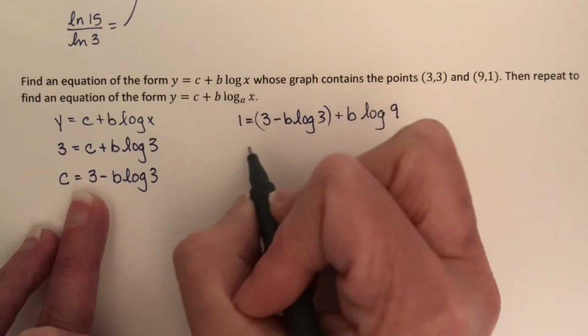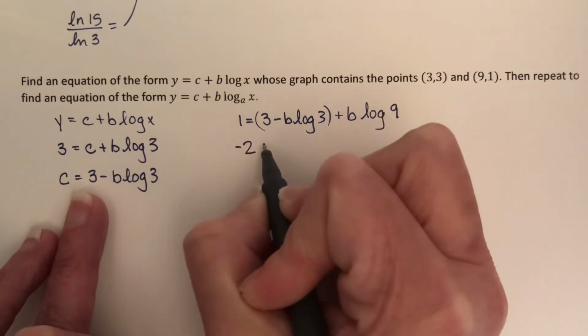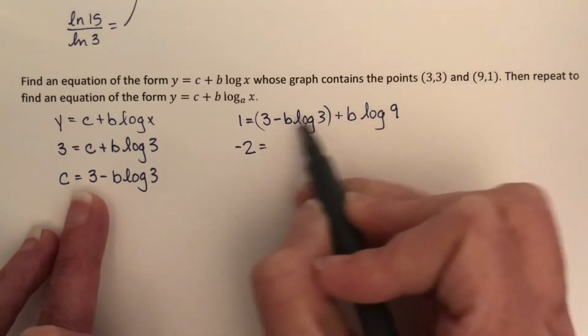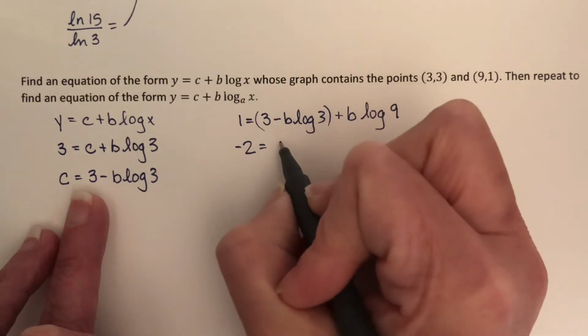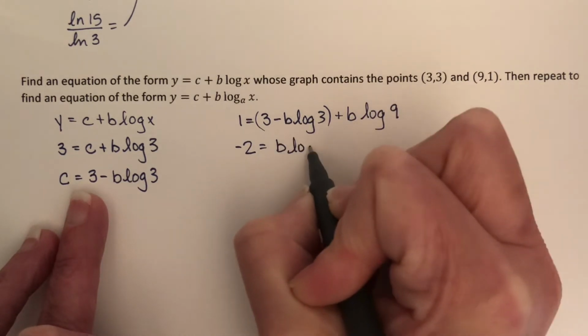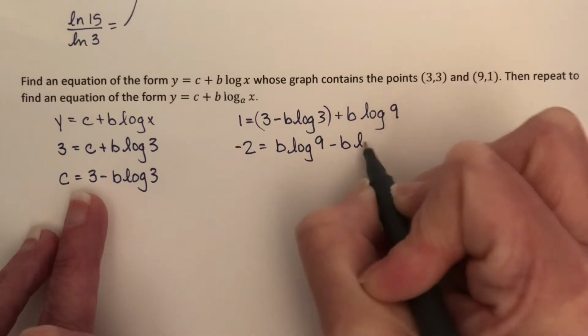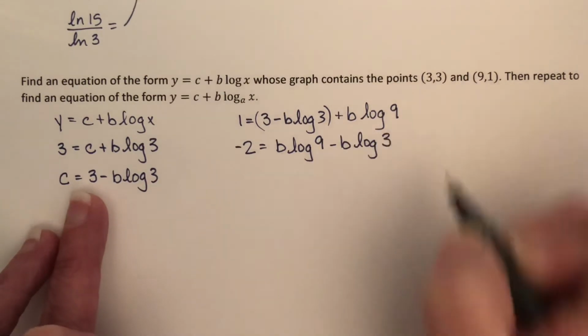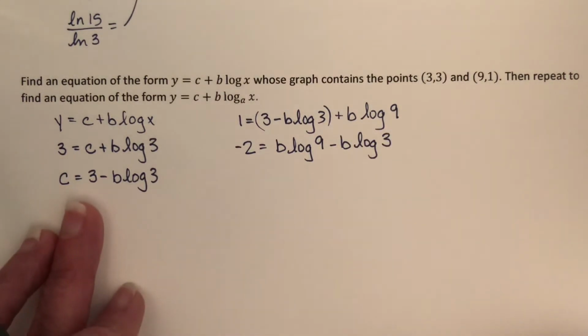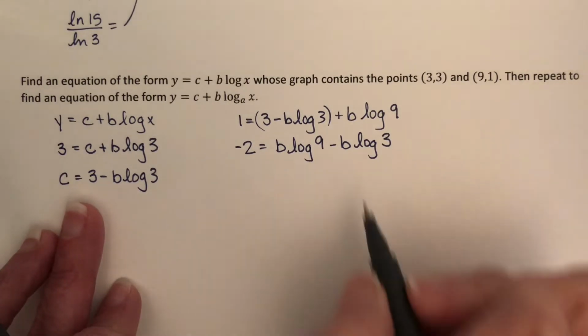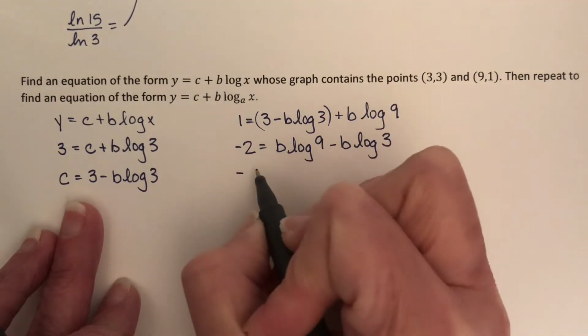So if I subtract 3 from both sides, I have negative 2 is equal to, and I'm just going to rearrange these right now. Okay. Now I can factor a b out of this.